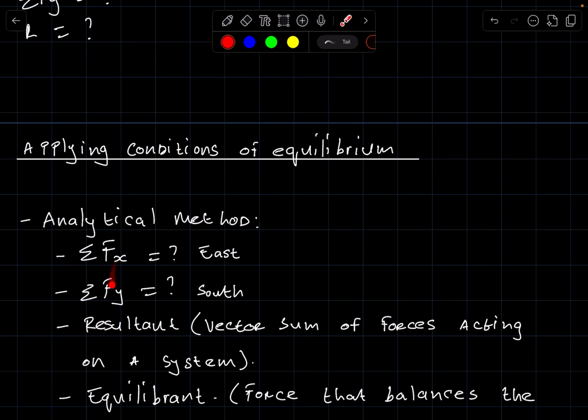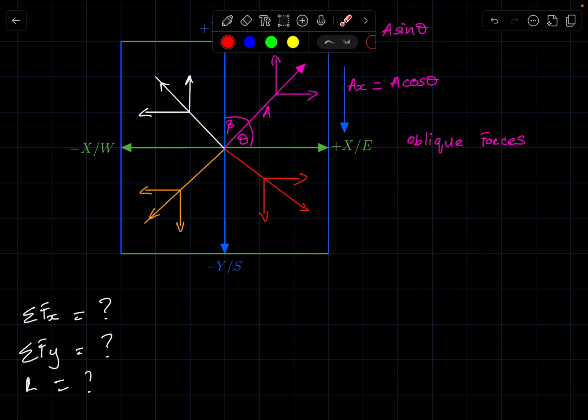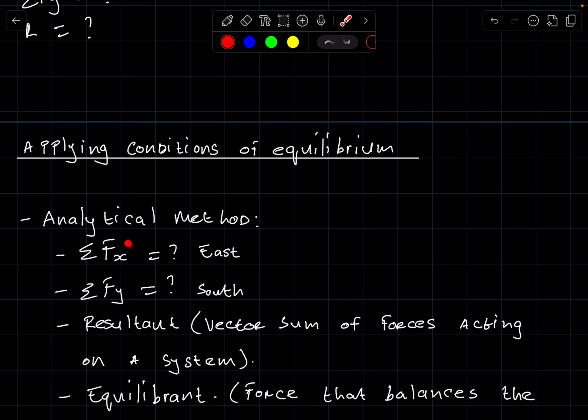In this case you have to resolve your oblique vectors into components, making sure that, to avoid any confusion, you use the angle that is referenced from the x-axis. That way the x components of your oblique vectors will be in terms of cos, and the y components of your oblique vectors will be in terms of sine.